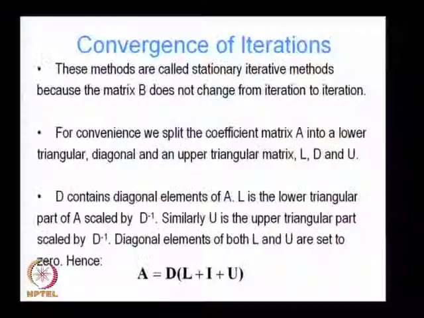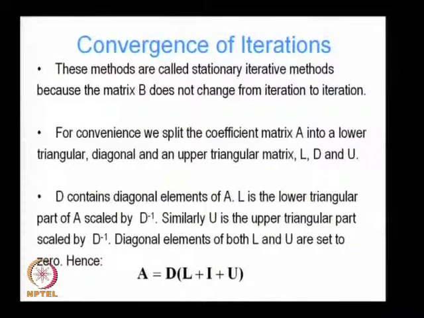So, I scale the lower triangular part of A by D inverse to obtain L. Similarly, to obtain U, I scale the upper triangular part by D inverse, and I put the diagonal elements of both L and U to 0. So, L contains the lower triangular part of A, except that its diagonal elements are 0 and each term is scaled by D inverse.